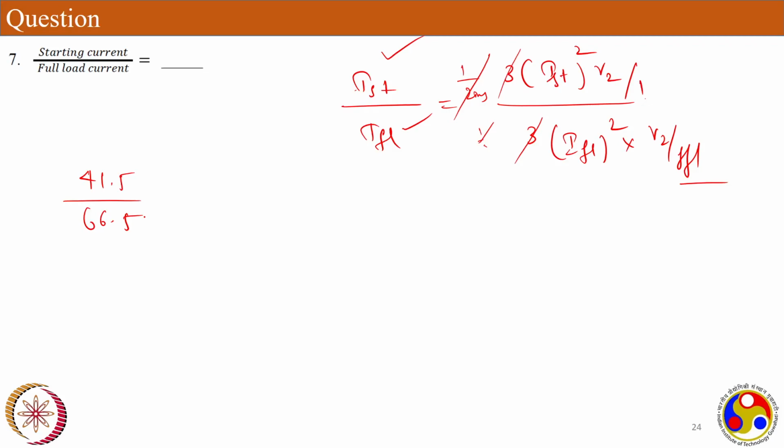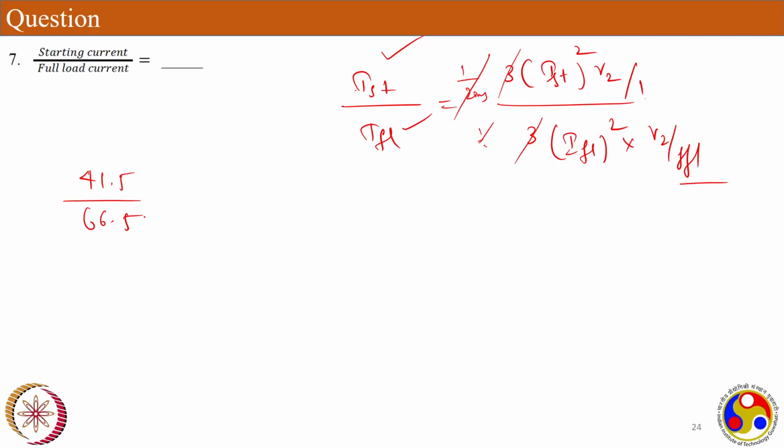So you need this particular ratio, so you can send that to the left hand side: equals 41.5 divided by 66.5 multiplied by 0.0429, under root. If you calculate this, the ratio will come out around 3.815. So this is the ratio of starting current to the full load current.